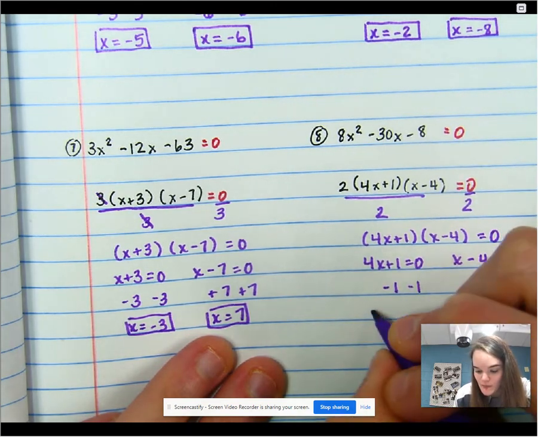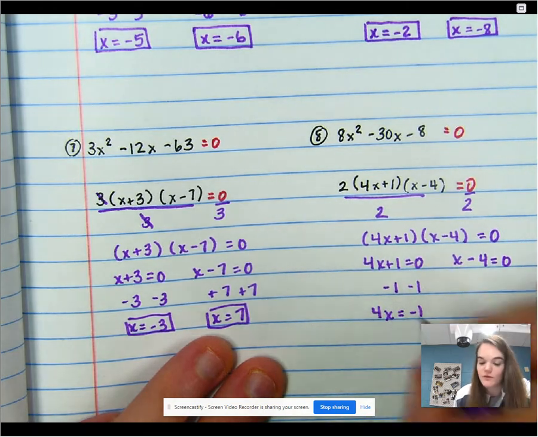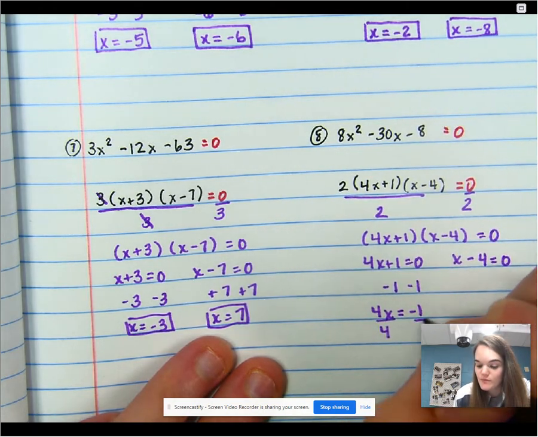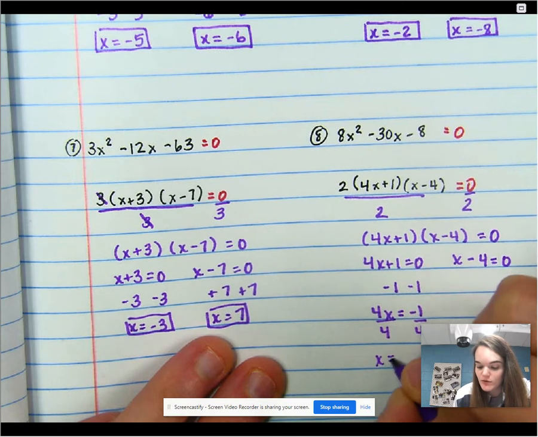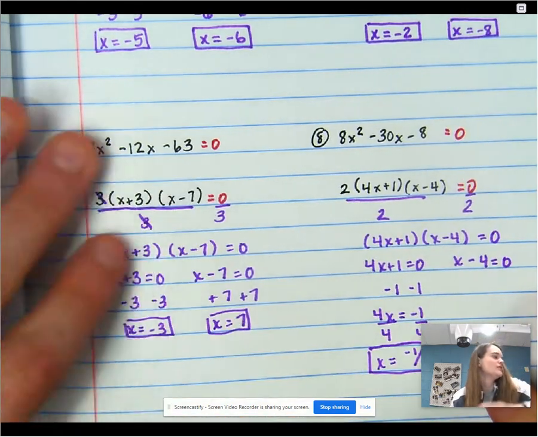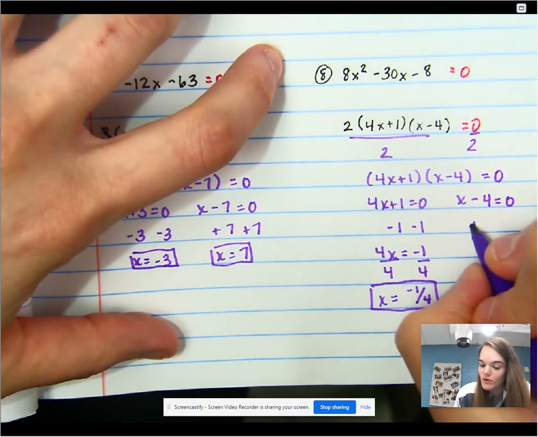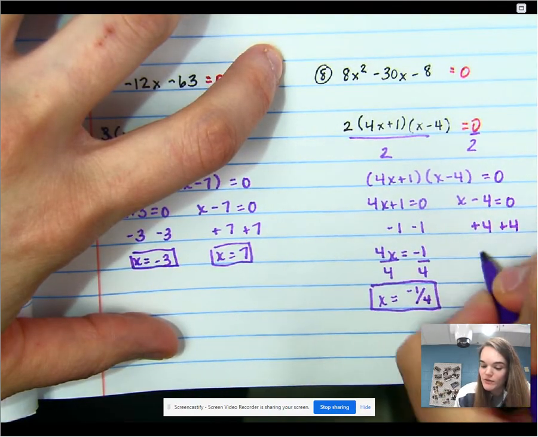Subtract 1. 4x equals negative 1. Divide by 4. x equals negative 1/4. Make sure you can see this. It didn't freeze. No, but you can't see it because of the screen there. Okay, and last, add 4. x equals 4.